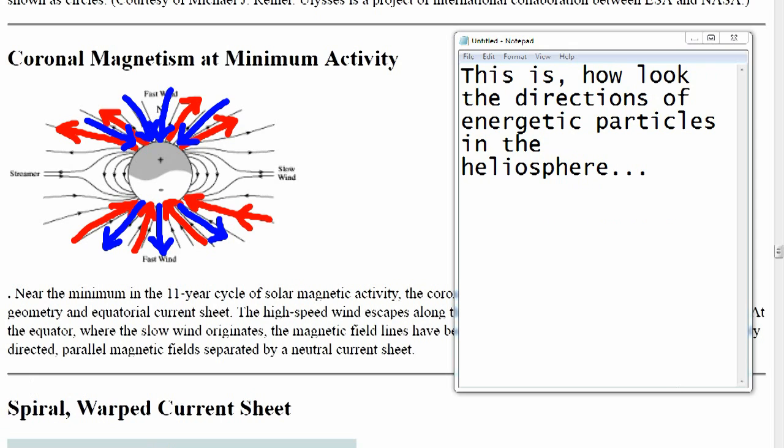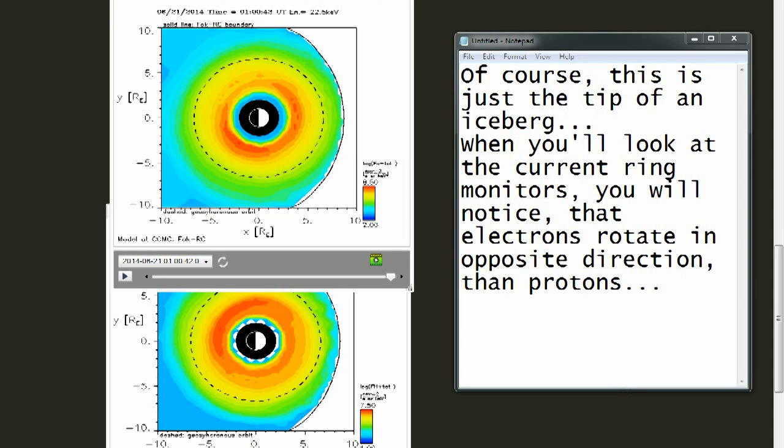This is how the directions of energetic particles look in the heliosphere. Of course, this is just the tip of an iceberg. When you look at the current ring monitors, you will notice that the electrons rotate in the opposite direction than protons.